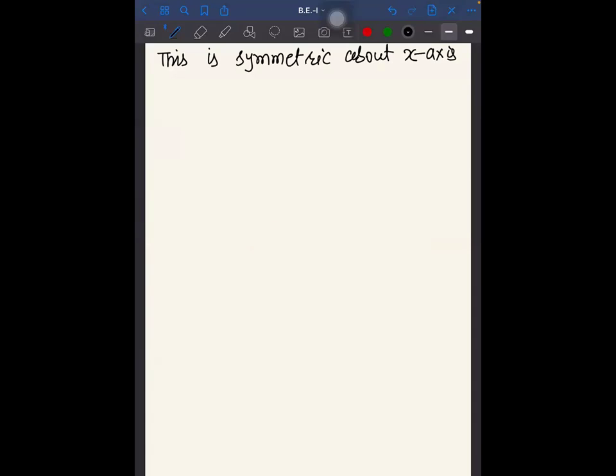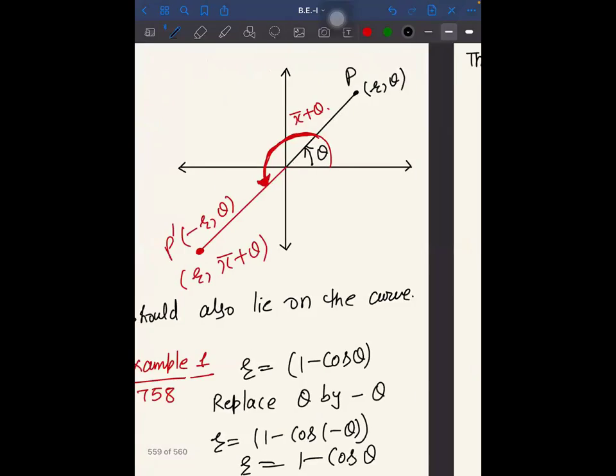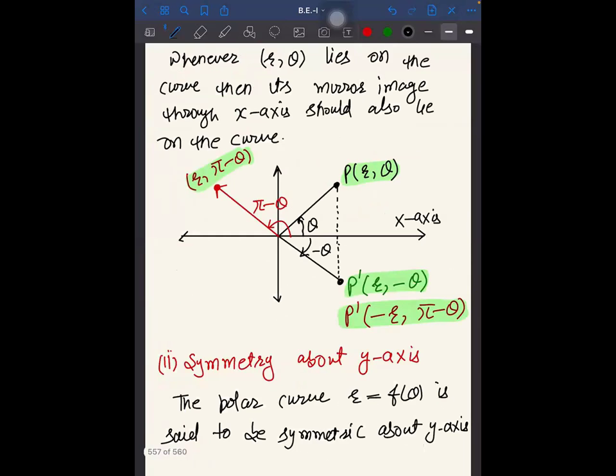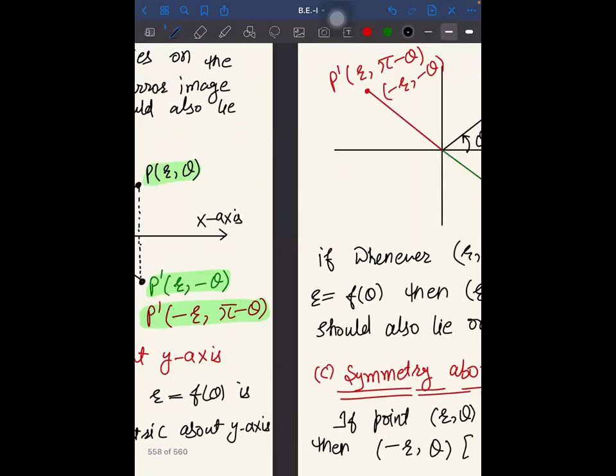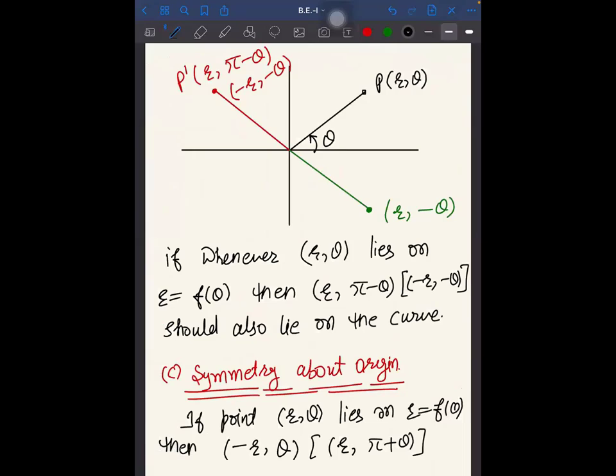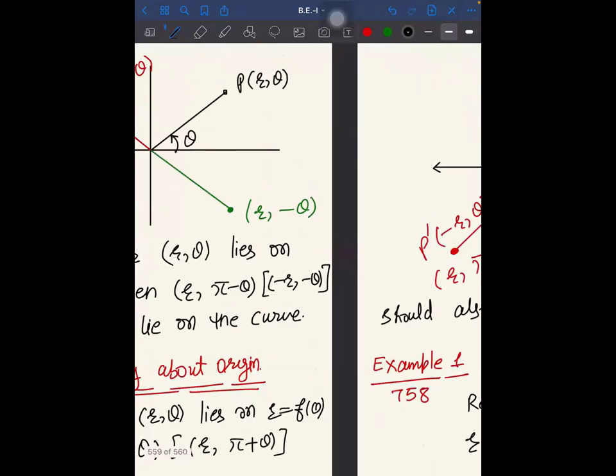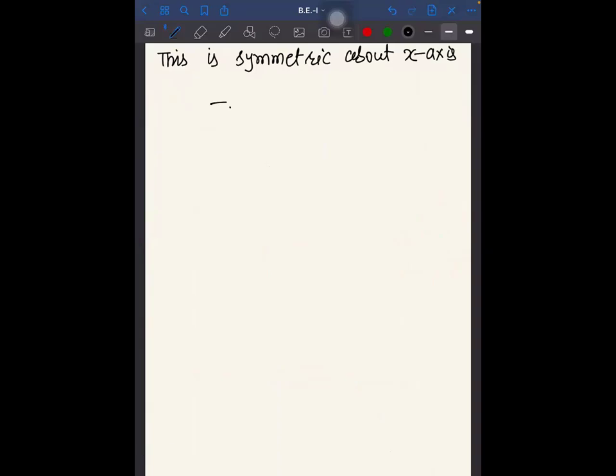Yes, sir. Okay, is it symmetric about the y-axis? No, sir. Why is it so? Sir, let's come back to this result. For the y-axis, we simply replace r and theta by minus r and minus theta.